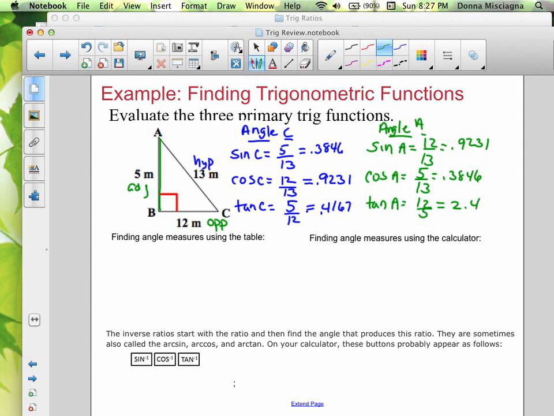All right, now we can use that table of trig values. Remember, we used those to find sides. We can go the other way and find angles. Let's look from angle C's perspective first.